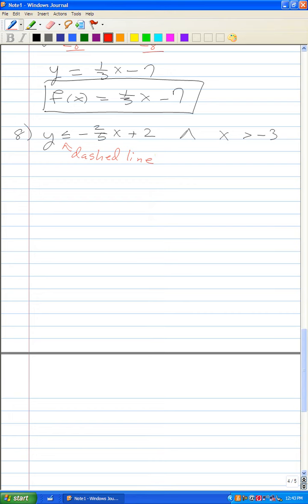And this will be true below. This will be a, why did I say dashed line? This will be a solid line. And this is a dashed line. And so this one will be true to the right.